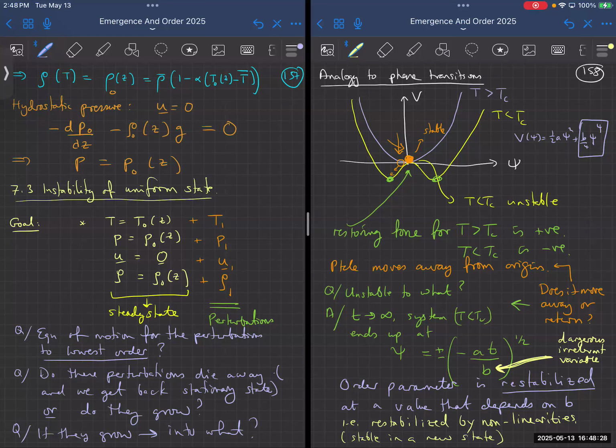So for d greater than 4, I don't need to worry about it. The nonlinearities are irrelevant operators, but they cannot be removed because they are still important at determining the restabilization of the system below Tc.